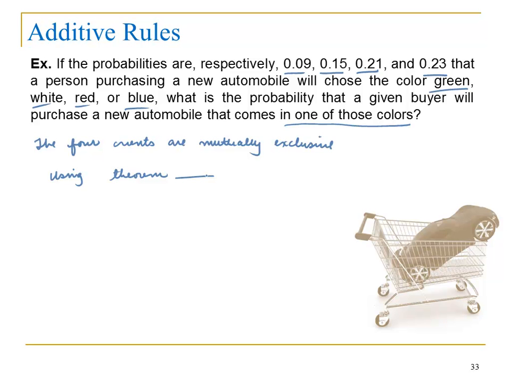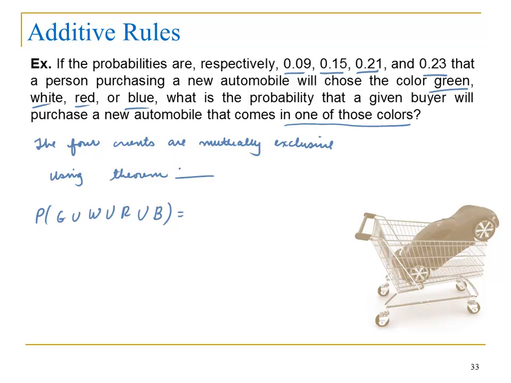So in that case, you are looking at the union of the events, because it could be this one, this one, this one, or this one. Okay? So when we have that type of problem, here is the probability of green, union, white, union, red, union, blue.